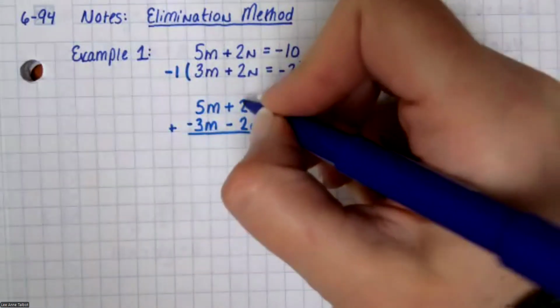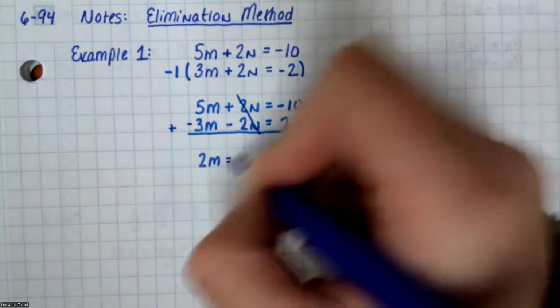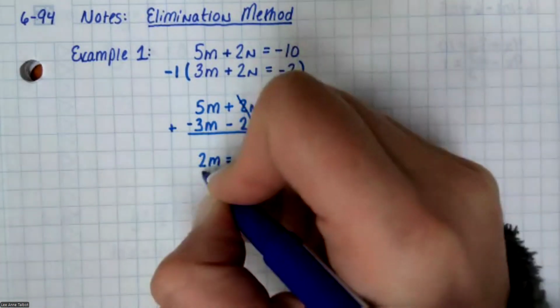Okay, so the 2n's eliminate. 2m equals -8.